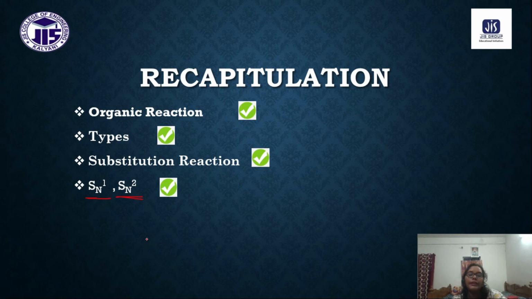That's why we have a transition state, which is energetically very high. So these are some of the topics we have discussed.